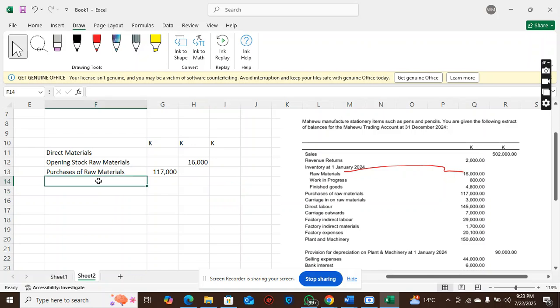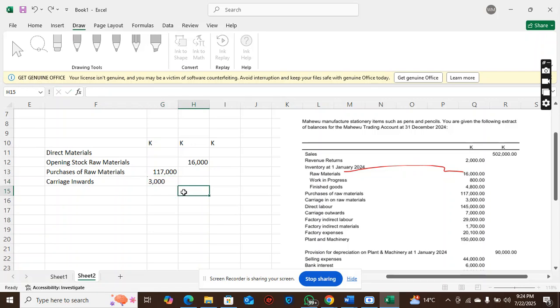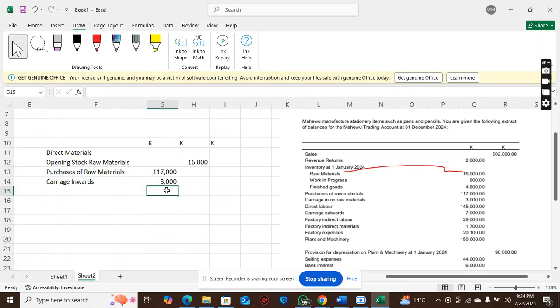Carriage inwards, yes. The delivery charge we paid when bringing in these raw materials. Any questions, colleagues? Are we okay up to this point? Okay, no questions? All right. If there are any purchase returns of raw materials, you deduct them, in case the company returned any raw materials.